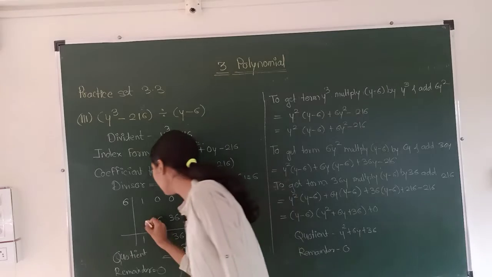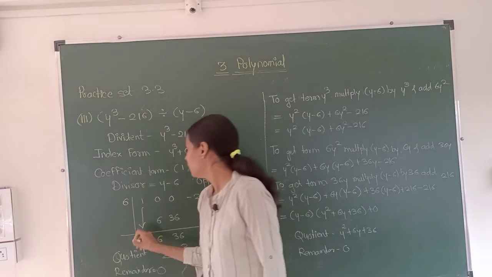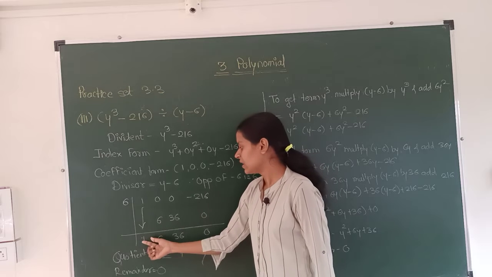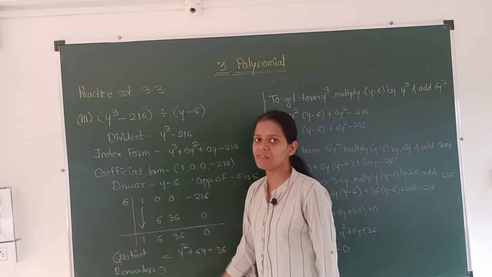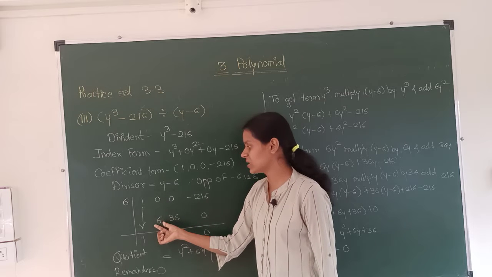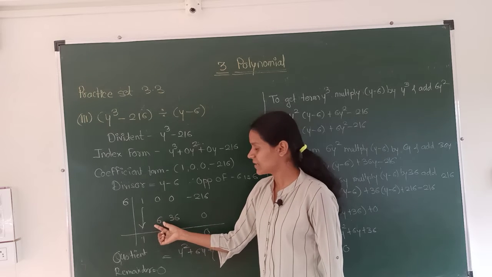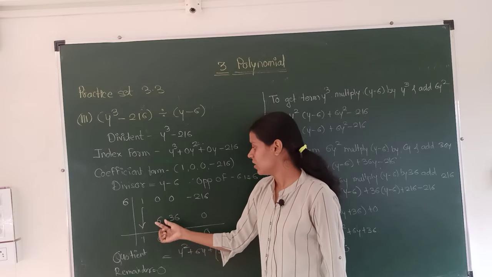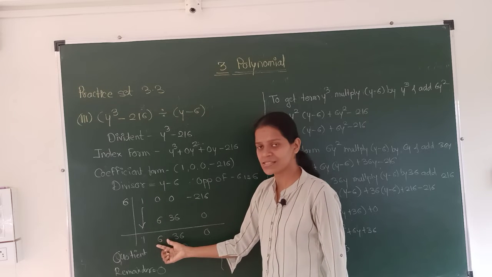Now how we will solve it, you know very well. We will copy 1 as it is in the third row. Now this 1 we will multiply by this 6. 1 into 6 is 6. We will write 6 in the second row, just below the 0. So 0 plus 6 is 6.